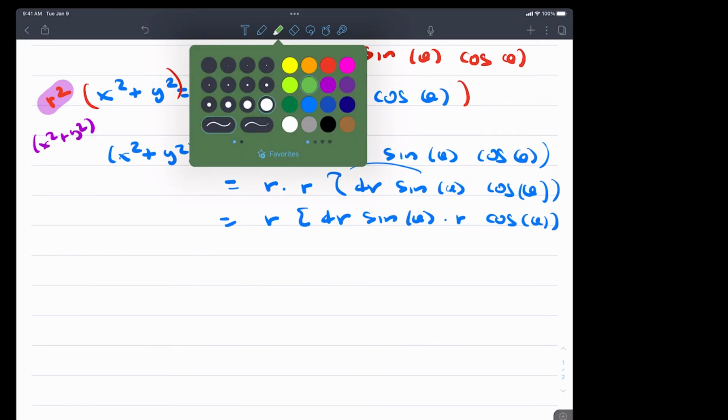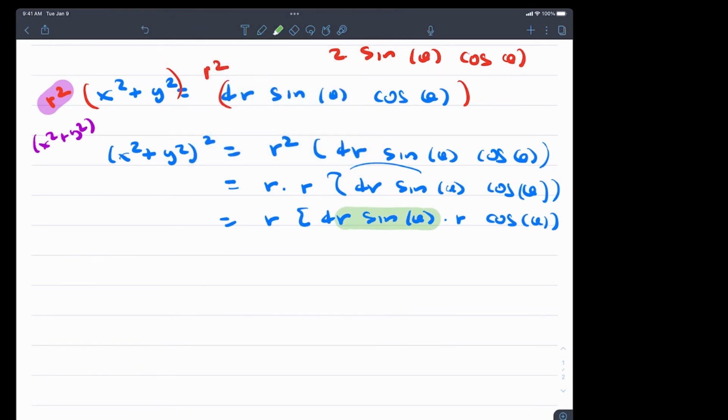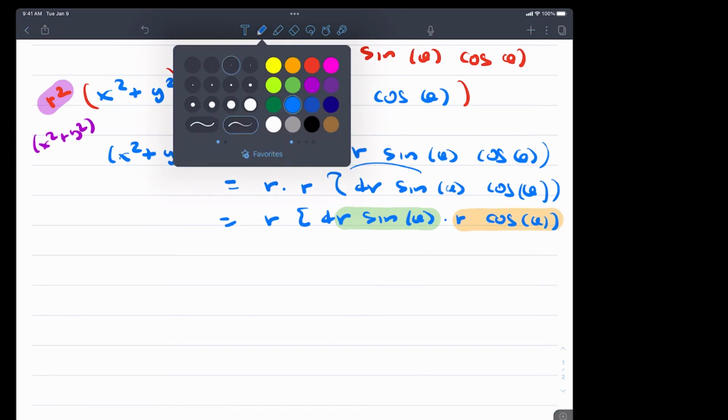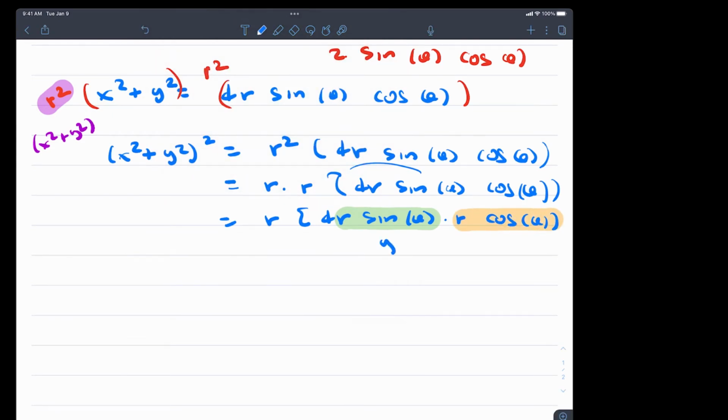So now you have a factor R sine theta, and over here you have a factor R cosine theta. You say, why is that important? Because this is now Y, and this is X. Is that right? So on the right side, that's now 4 really XY, okay, on the right. And on the left, you got X squared plus Y squared, squared.